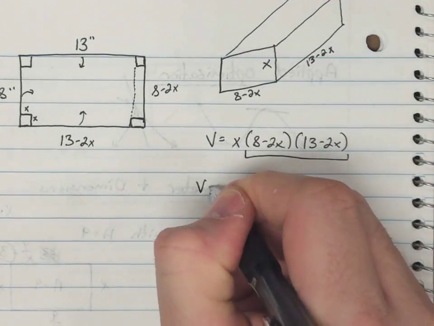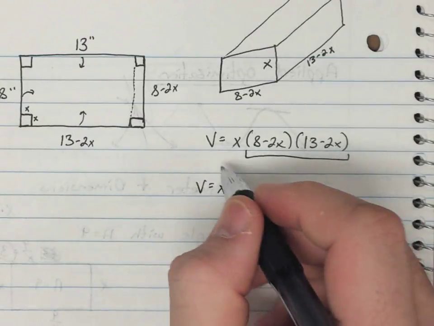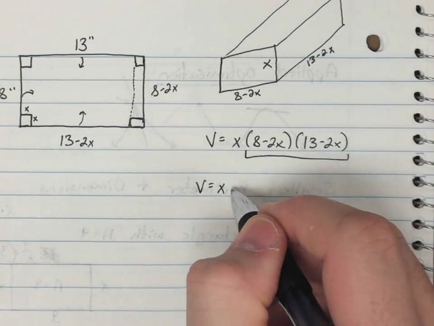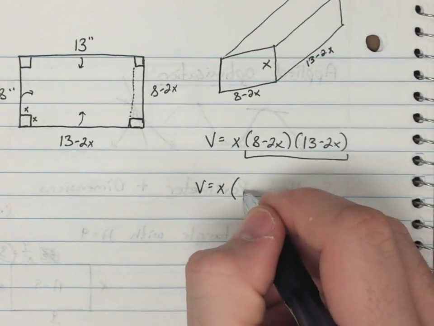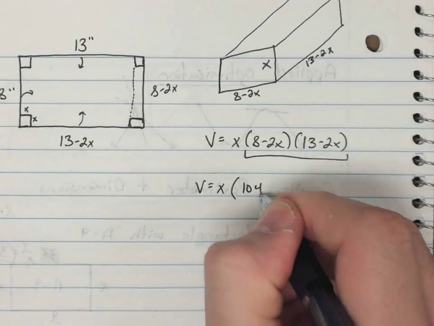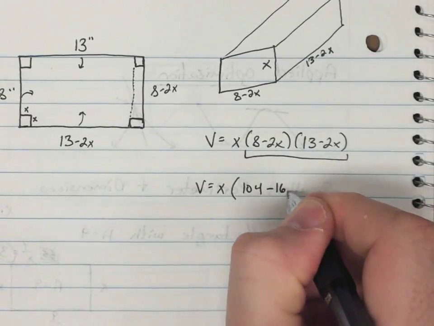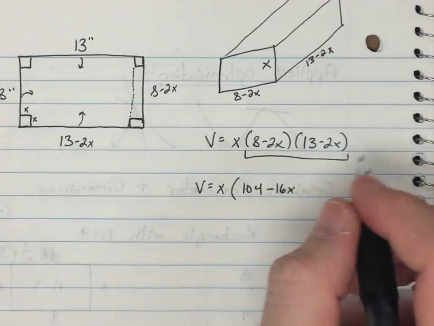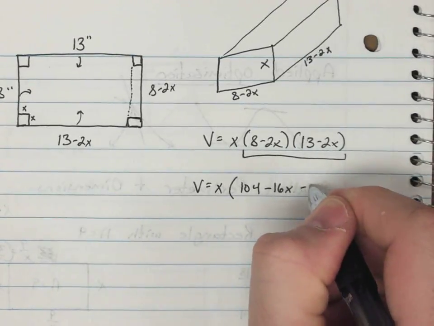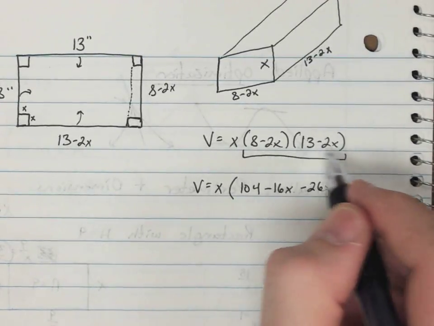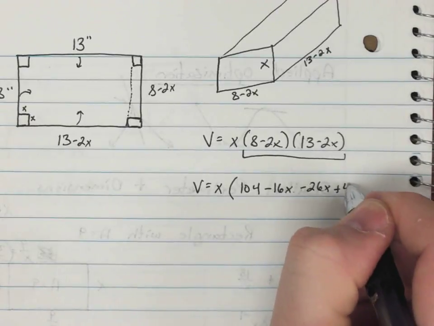So volume is equal to, leave the X, it's going to be easy to just distribute that at the end. You have 8 times 13, which is 104, 8 times negative 2, which is negative 16X, negative 2X times 13, which is negative 26X, and negative 2X times negative 2X, which is positive 4X squared.